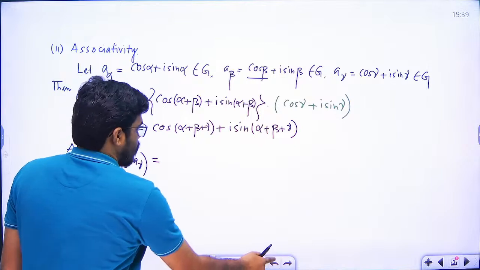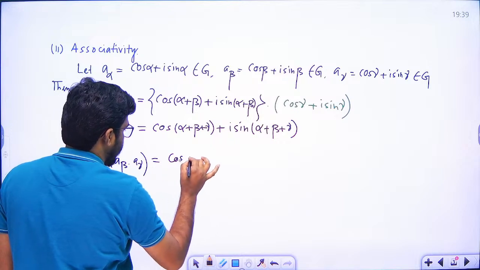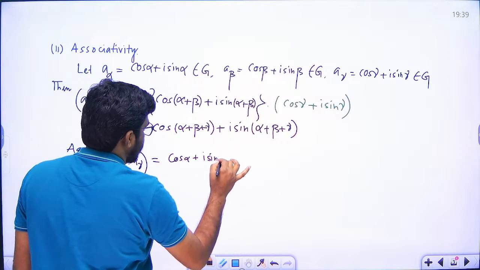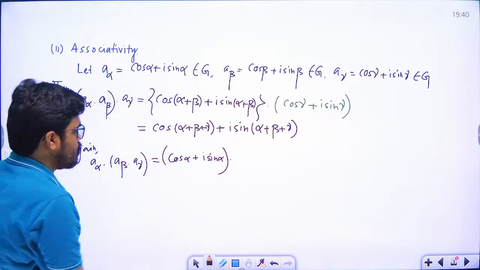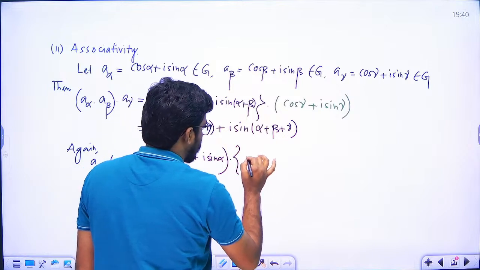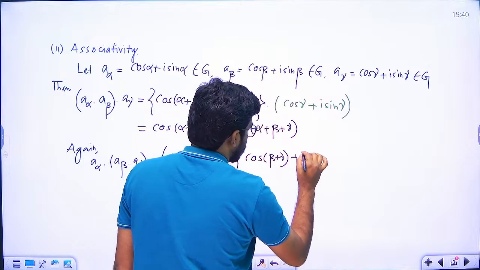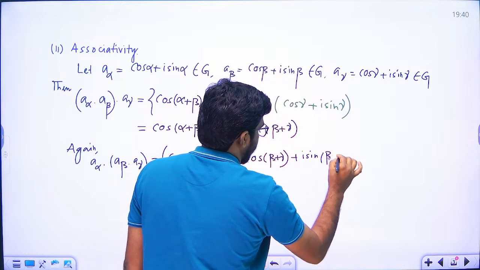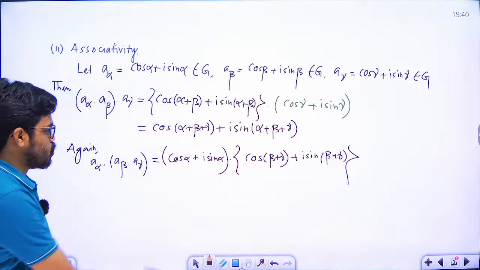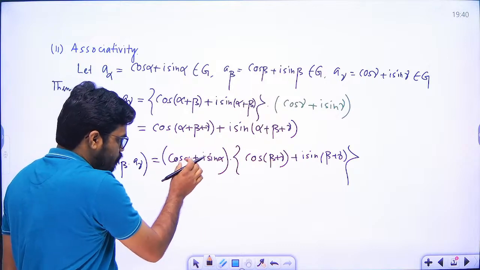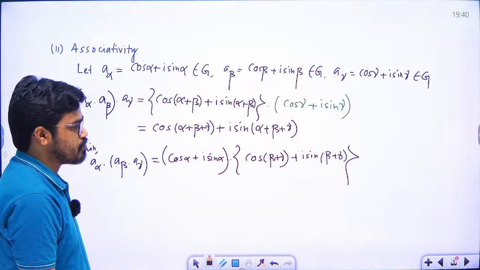So A alpha is cos alpha plus I sin alpha dot A beta dot A gamma. So now if you multiply this, what do we get? Cos alpha plus beta plus gamma plus I sin alpha plus beta plus gamma, right?